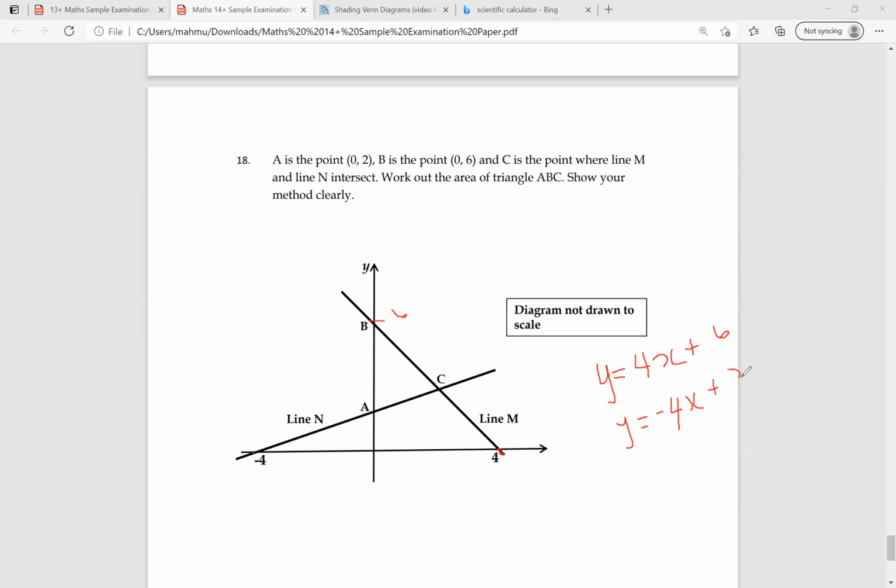So now if I do that equation, I'm going to change the color. 4 minus minus 4, I get 8x. Then 6 minus 2, I get 4. So then x is equal to 8 over 4, which is 2. So this is where they intercept.